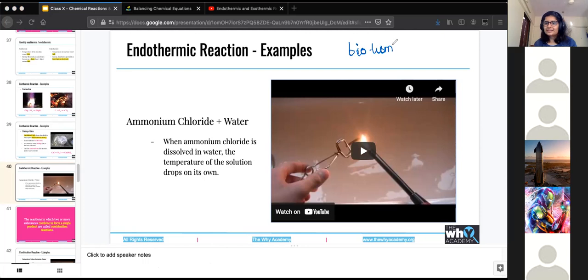So bioluminescence is the phenomenon where living creatures give out light due to a chemical process inside their bodies. Fireflies are one example. In a particular algae also you can see this.